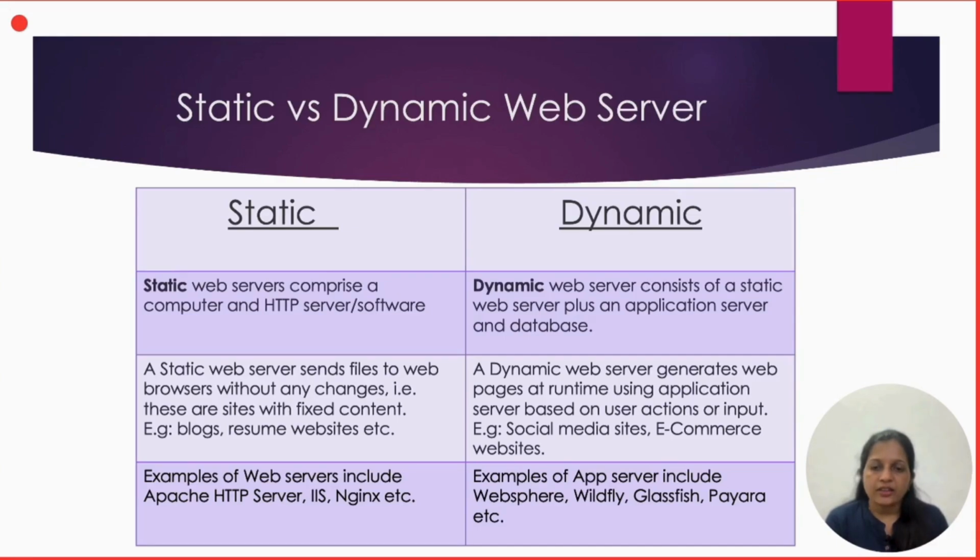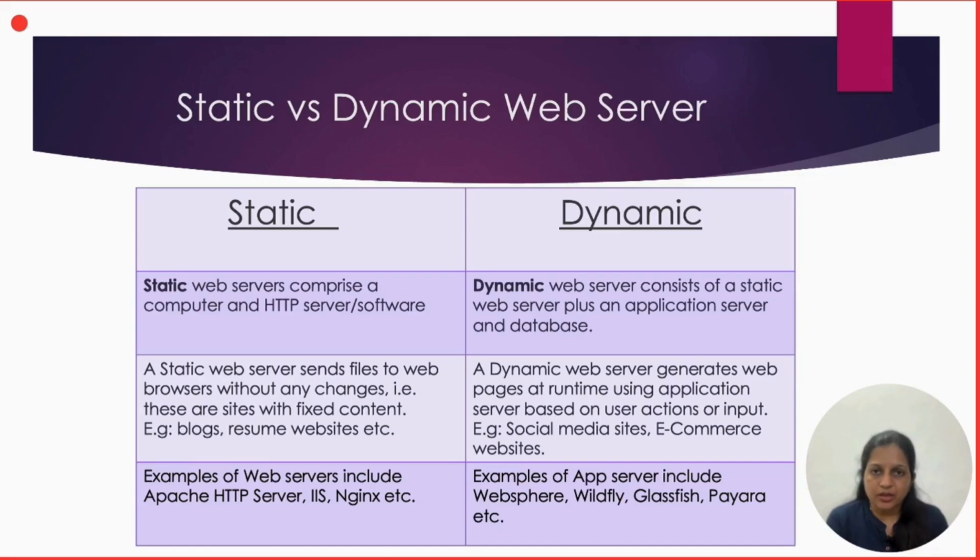And the dynamic web server generates web pages at runtime. If you log into your Facebook page, you first need to log in, then it interacts with the database, and when you are authenticated and enter your Facebook page, you can see the posts of your friends, any friend requests, or any other updates going on there.